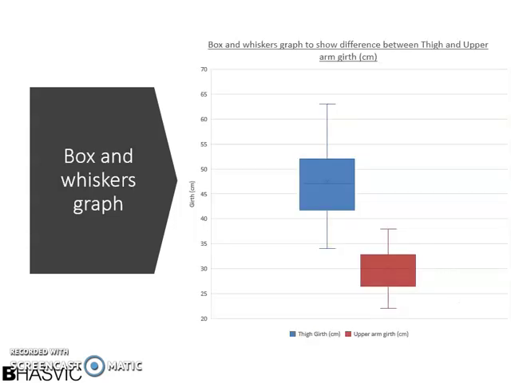So, box and whisker graph. In descriptive statistics, a box plot is a method for graphically depicting groups of numerical data through their quartiles. Box plots may also have lines extending vertically from the boxes, which is what creates the box and whisker graph, indicating variability outside the upper and lower quartiles.